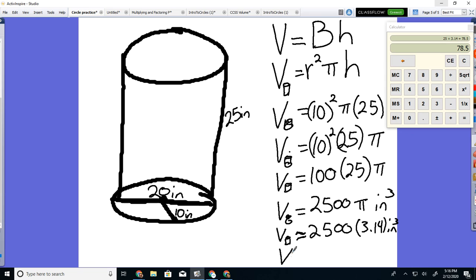Final answer, volume of the cylinder is going to equal 2,500 times 3.14, 7,850 inches cubed. And that is approximate.